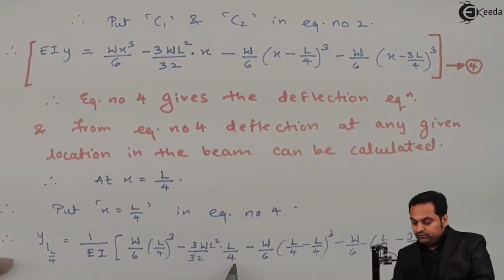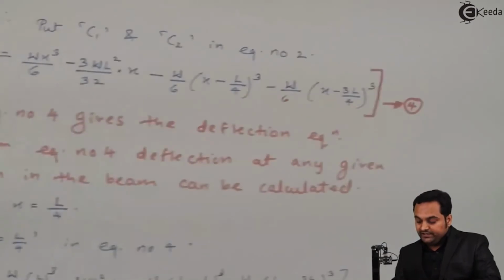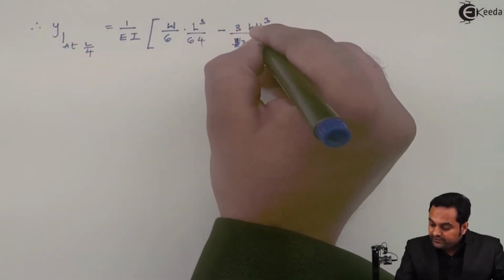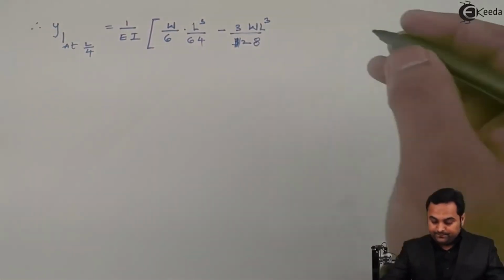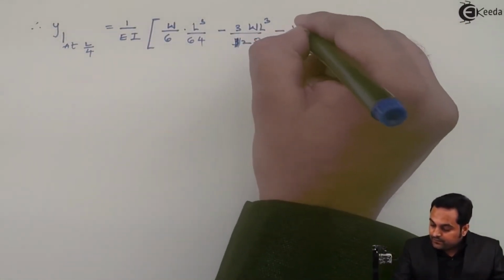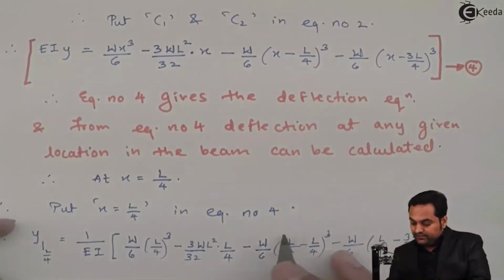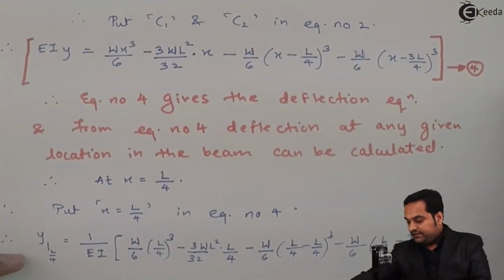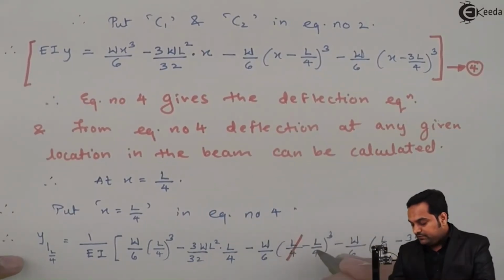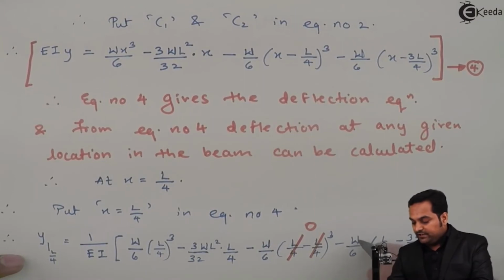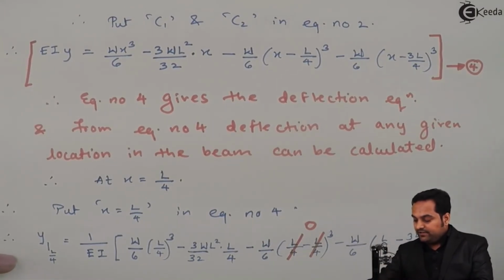So 32 into 4, that gives us 128. So here I can directly write this as 128. Then minus W by 6, and this second term would be directly equal to 0 because plus L by 4 minus L by 4 gets cancelled, so it is 0. So I am writing minus W by 6 and simplifying this term.